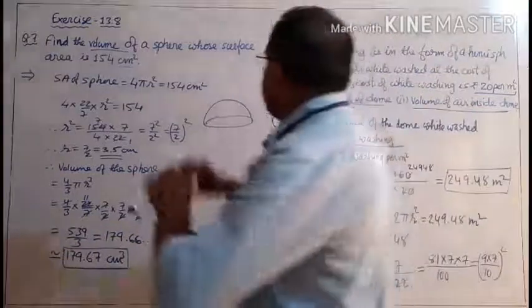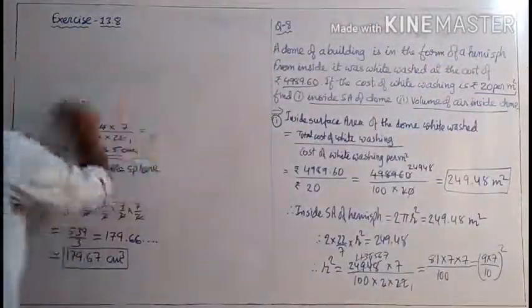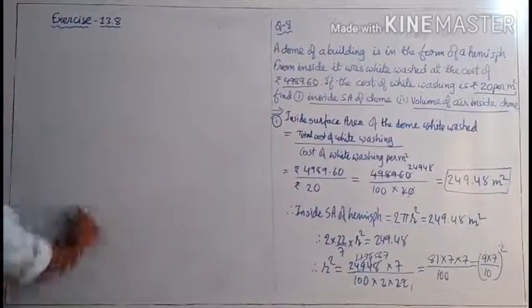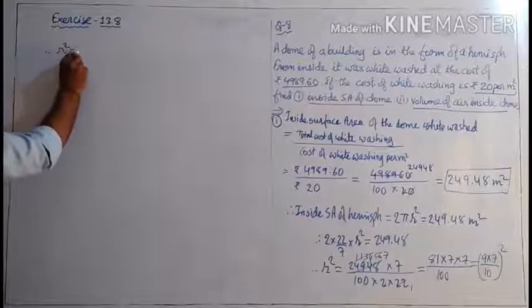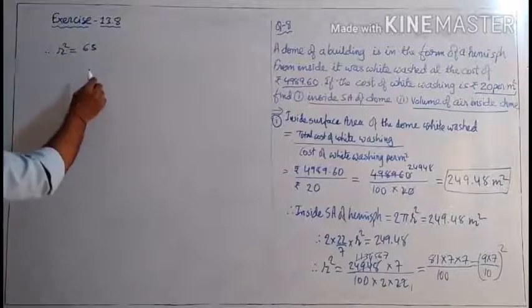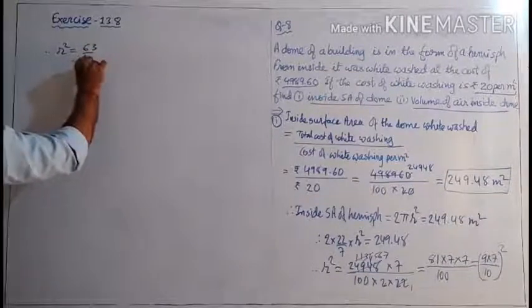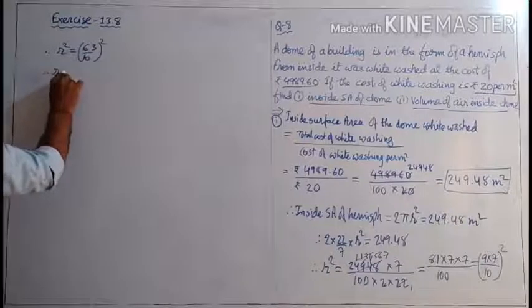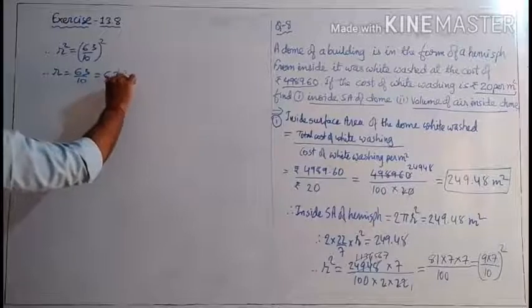So let us see here, we will get the radius and then we can find volume. So here now radius you can see is, therefore here r square is equal to 63, here 9 7 ja 63 by 10 the whole square, and therefore radius is equal to 63 by 10, and that is 6.3 meter.